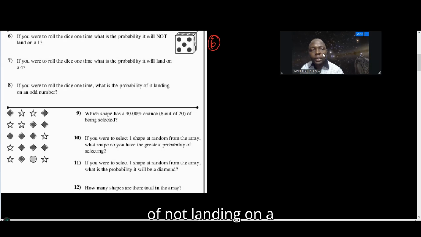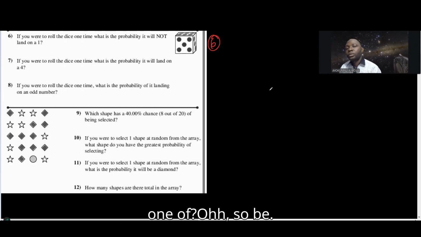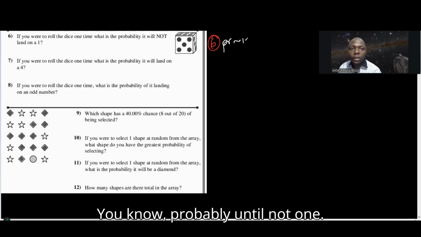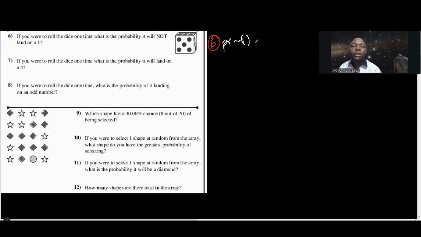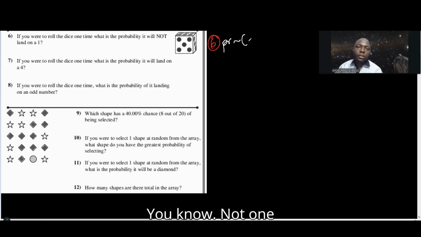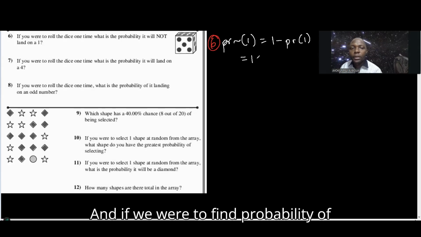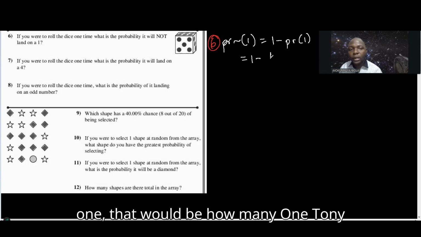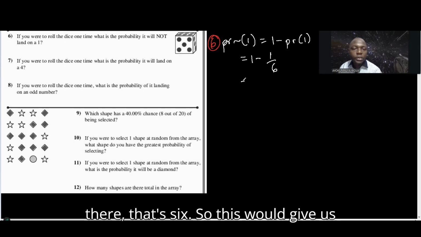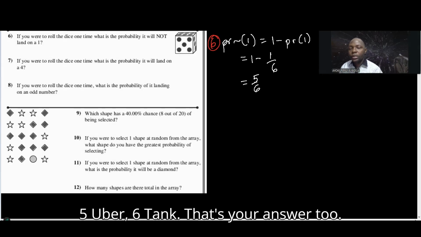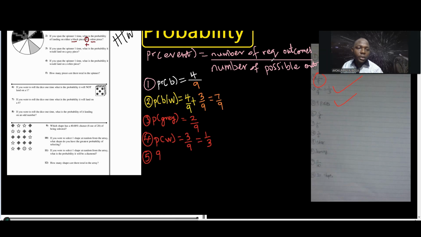Probability of not 1 will be 1 minus probability of 1. How many ones are on a die? That's one. How many numbers are on a die? That's six. So this will give us 5/6. I think that's your answer too. That's correct.